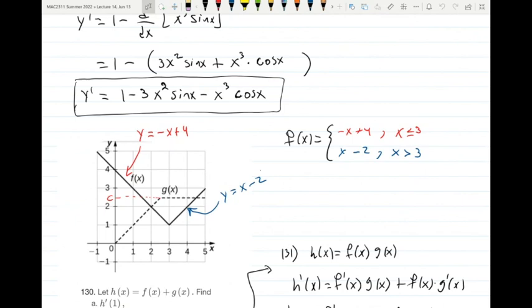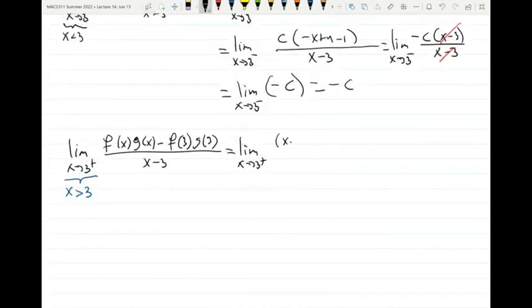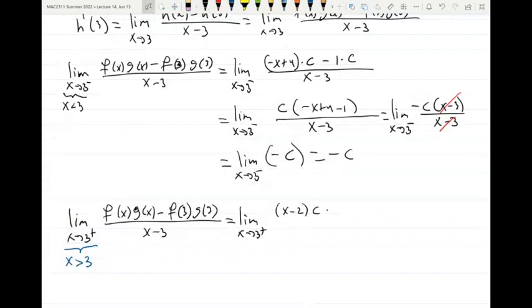Yes? g is still the same thing, a constant c. Now the value of the function h, which is f times g, doesn't change, as we mentioned above, regardless of which side you are on, right or left. The value is the value. So the value is still c, 1 times c. That's exactly the same computation that we did above. So it is minus c over x minus 3.